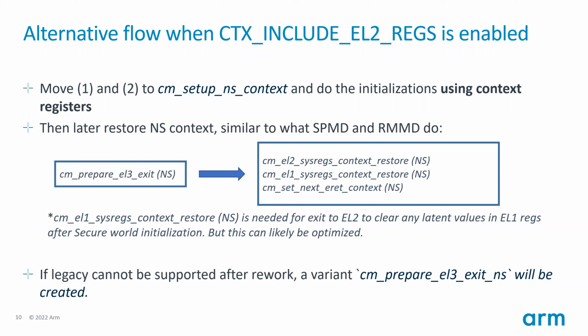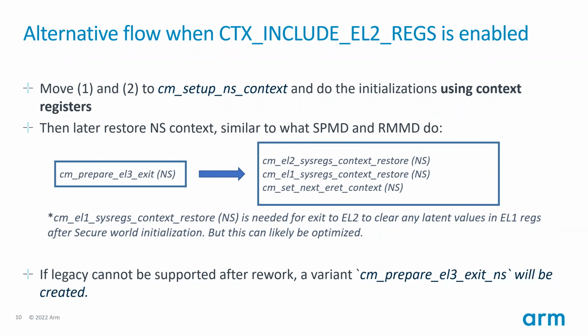In theory, you could split this into prepare EL3 exit for NS, S and realm, right? Is it possible to have non-secure EL2 but not secure EL2, and then have realm? I don't know if that's a valid configuration.